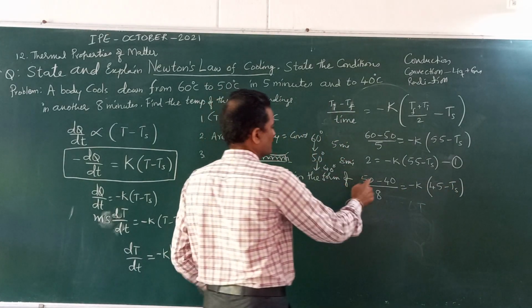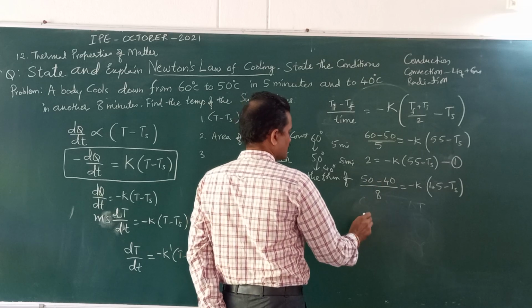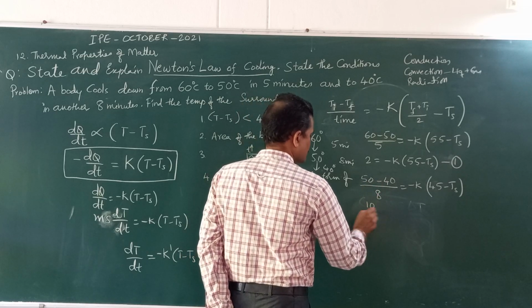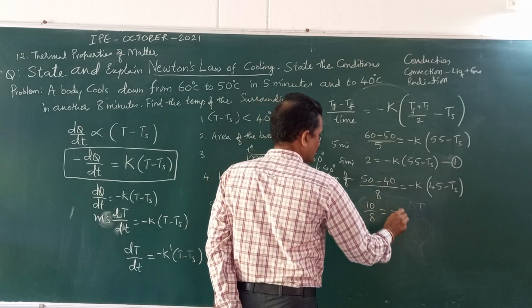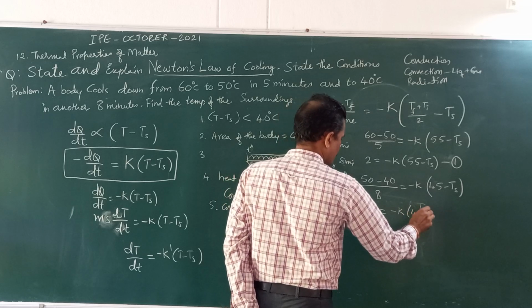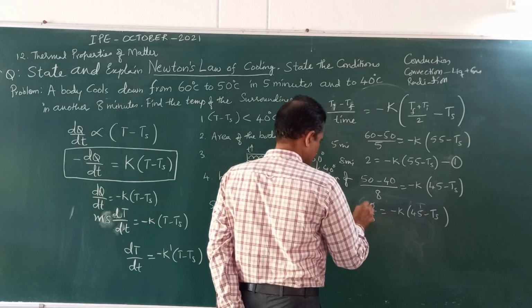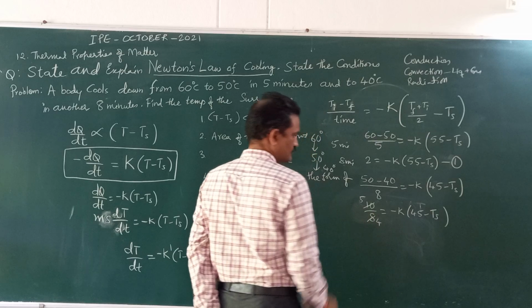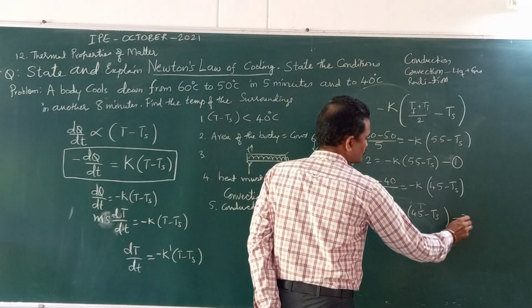So, 50 minus 40 is 10, 10 by 8. So, 10 by 8 is equal to minus k times 45 minus Ts. So, this is 5 by 4. This is the equation number 2.